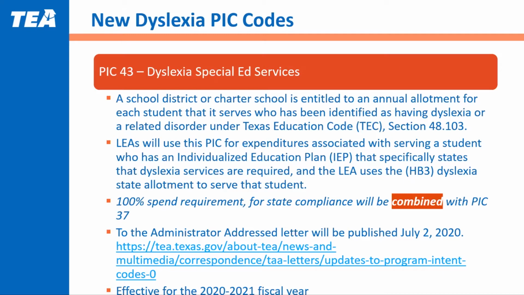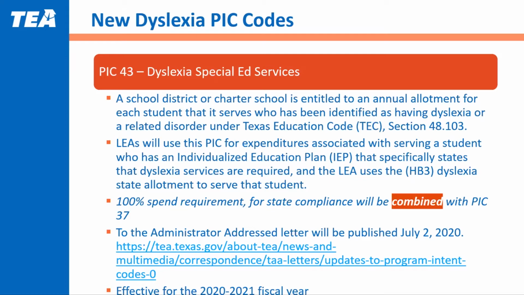But because of the 100% spend requirement for state, you kind of came into a conflict of, well, which area do I put that in? And then the other piece that was making that difficult was the MOE calculation, not your indirect cost, wasn't picking up PIC 37. They were picking up PIC 23. And so there was a conflict on how to use that. So what we decided to do was create this PIC 43 for dyslexia special ed services, hence the 43 and 23, to try to make that easier for you guys.